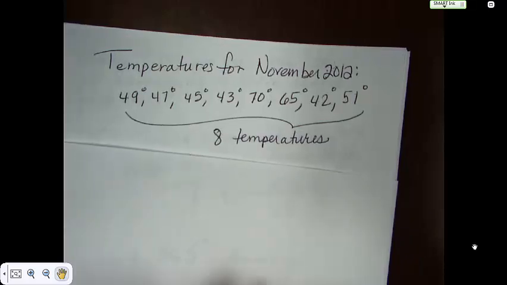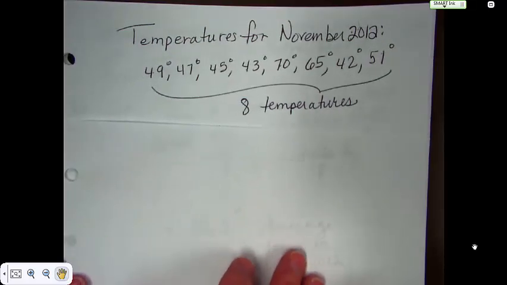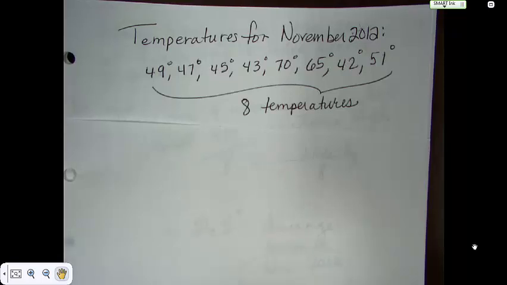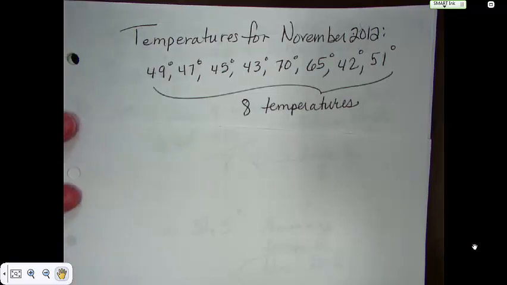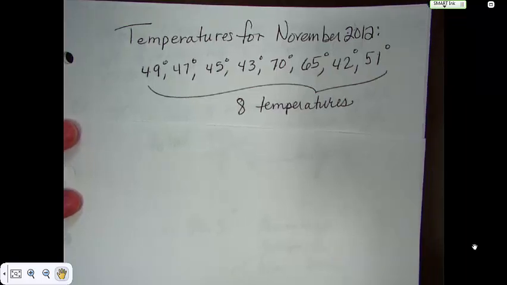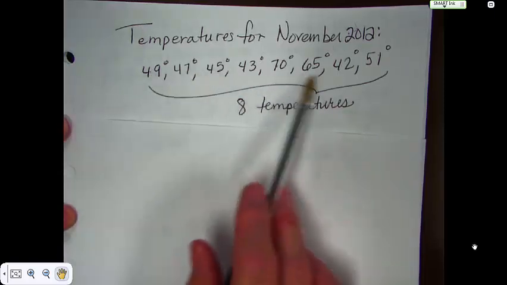Okay? Now, another thing that you might see averaged are temperatures. If I went onto the website, I think it was the National Weather Service, and they gave me some of the average temperatures for November of 2012. And these were the average temperatures, and that was pretty warm, wasn't it? Well, 2012 was pretty warm. So here are the average temperatures for those days.